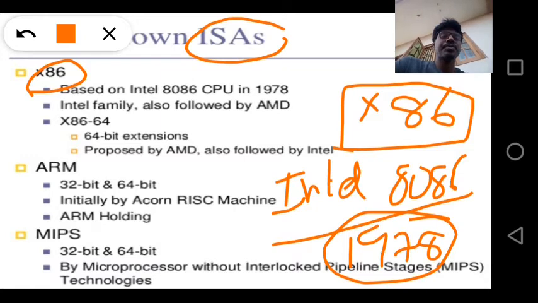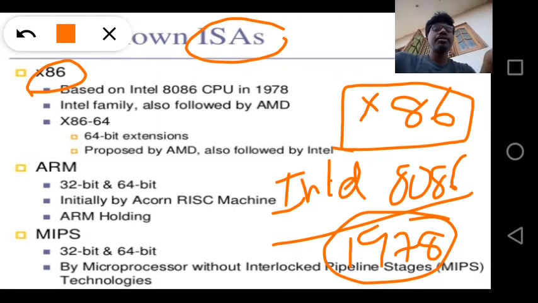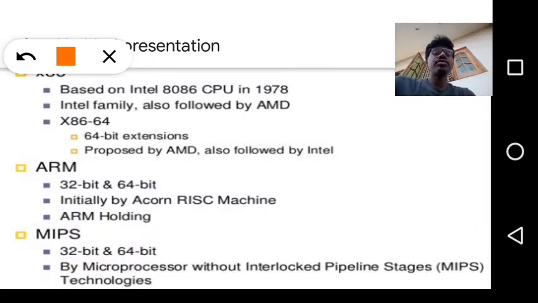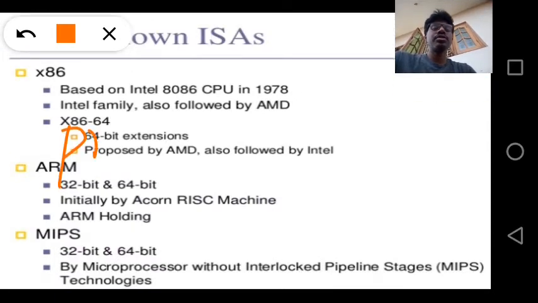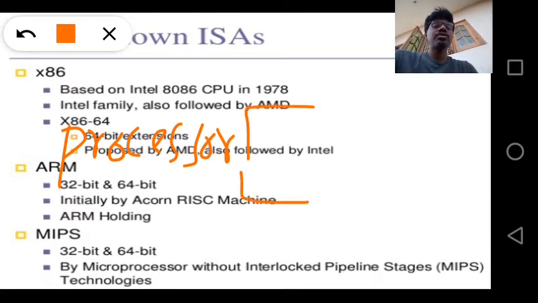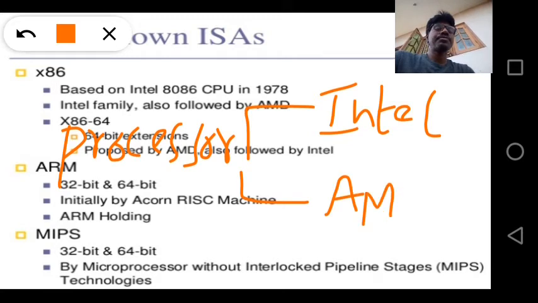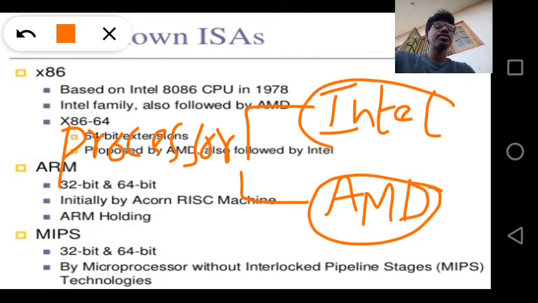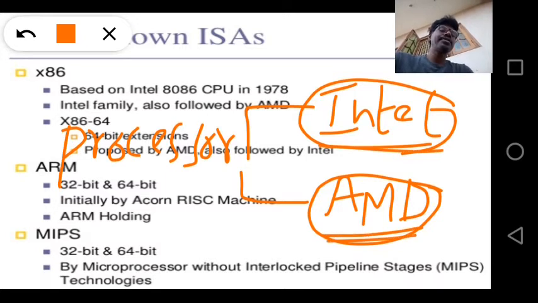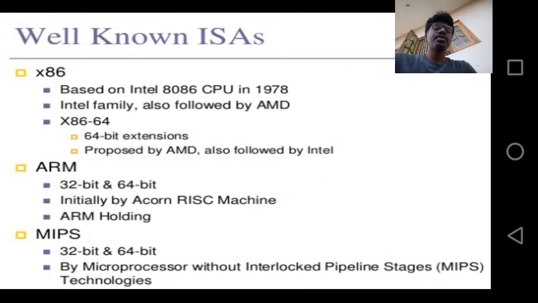It belongs to, remember I said when you discuss about processor manufacturers, examples are Intel processor or AMD processors. So the Intel processor family also followed by AMD, which is called x86.